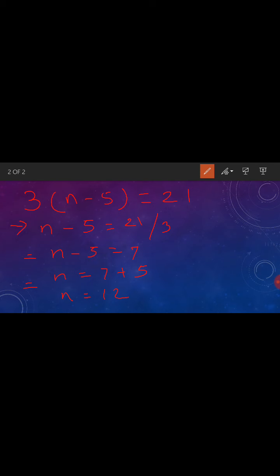So this is your solution, n equals to 12. Students, write down this in your book. Students, let's go with next question.